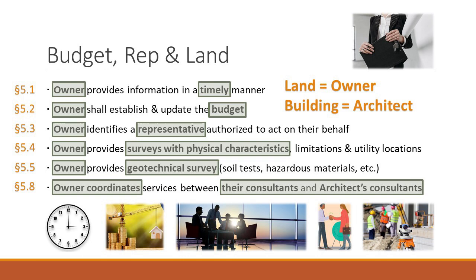So the owner comes to its kitchen designer and says, all right, I need you to have these meetings, and I need this and this and this. But if something goes wrong, if the information is not properly provided by the kitchen designer to the lead architect, that's the owner's problem, not the architect's problem, because they didn't properly coordinate.